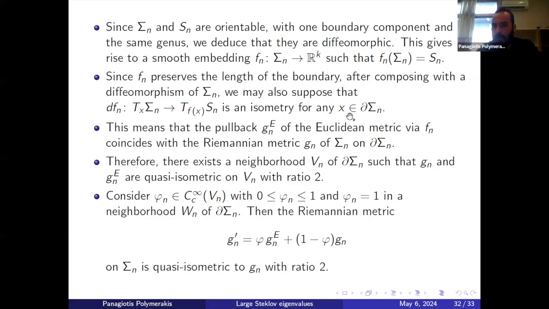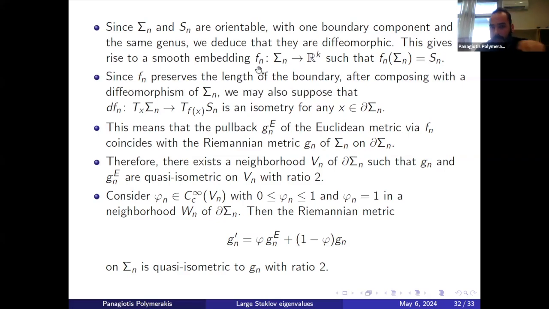This is related to the diffeomorphism group of an annulus or a cylinder, and it is something that we can always do as long as the initial diffeomorphism preserves the length of the boundary. So without loss of generality, we suppose that Fn has this property.